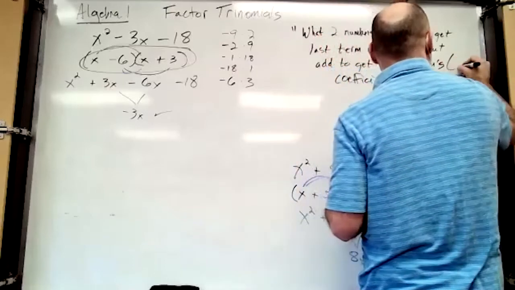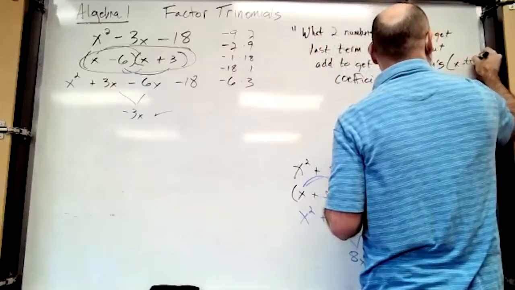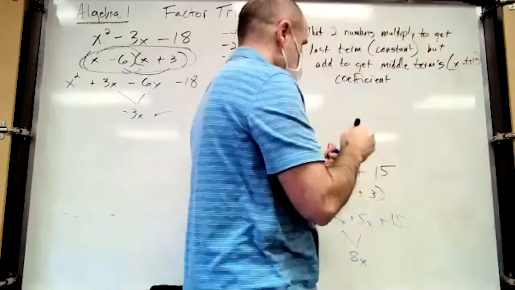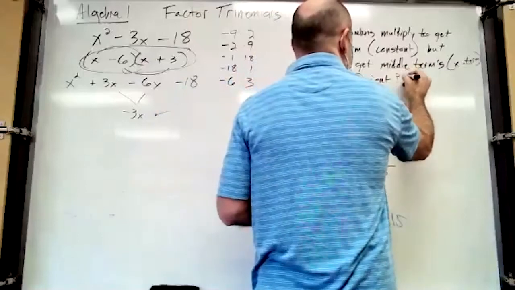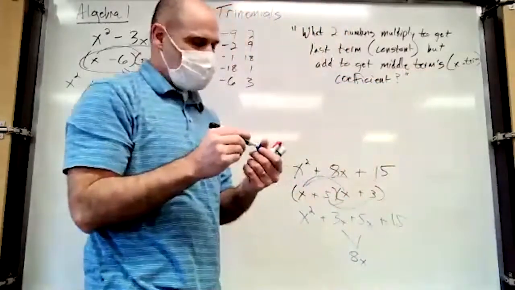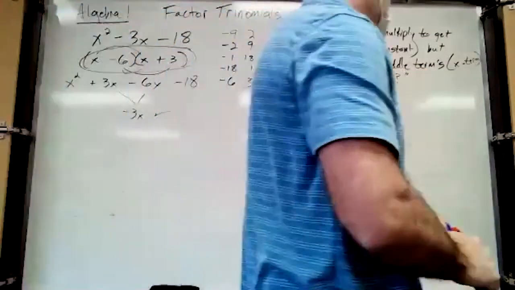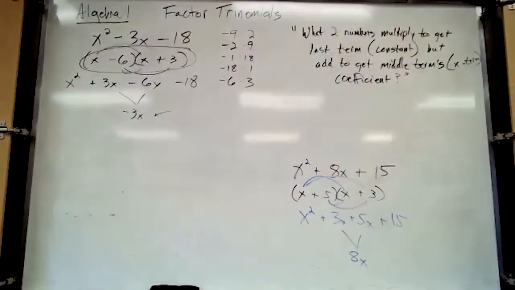Okay, so this is the x term, not the x squared, but the x term. So what two numbers multiply to get the last term, but add to get the middle term's coefficient?